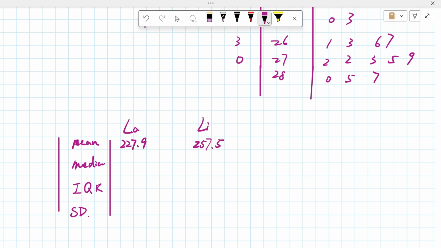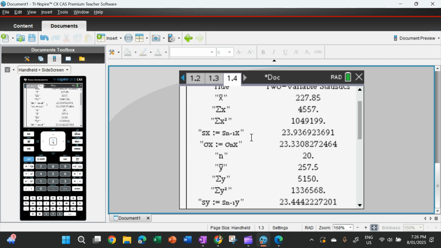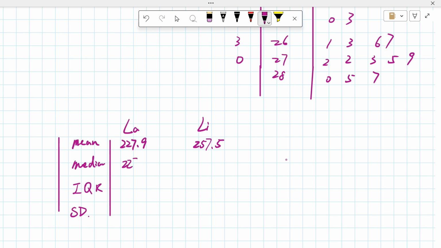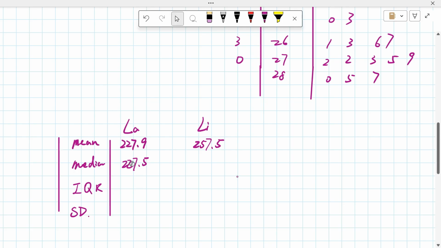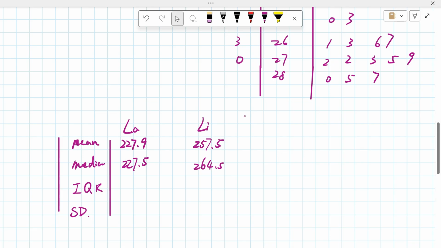And so the median, which we can say is 227.5 as well, 227.5. And the median for y, where's my median for y? There we go, 264.5. And IQR, which is Q3 minus Q1. So if you do a quick calculation, that will be 36.